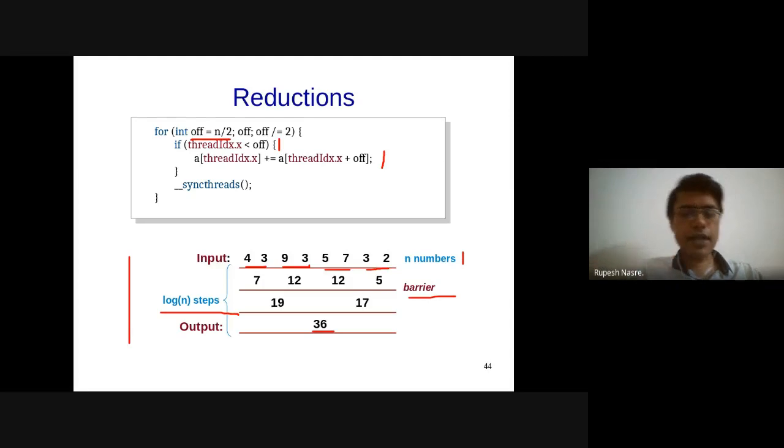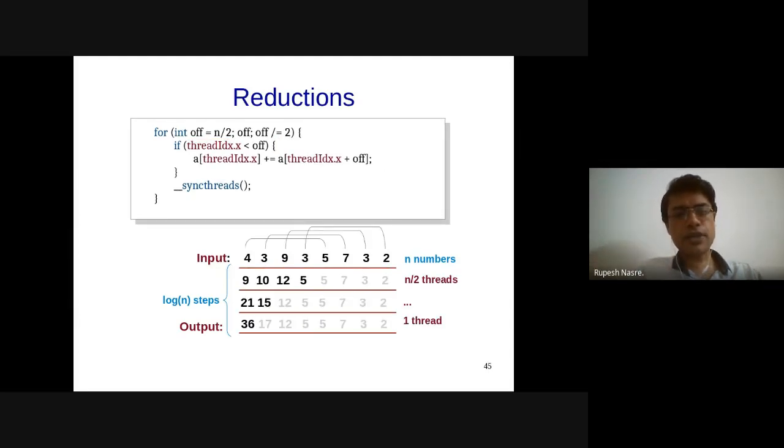What that slightly different way was actually this. So we looked at 4 plus 5, that is a of 0 and a of n by 2, and then a of 1 and a of 1 plus n by 2 and so on, and then wrote that sum at a of thread ID, right? So therefore 3 plus 7, 9 plus 3 and 3 plus 2.